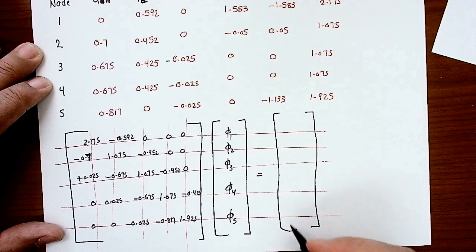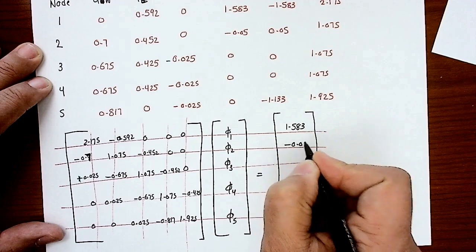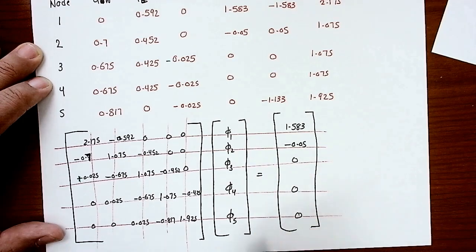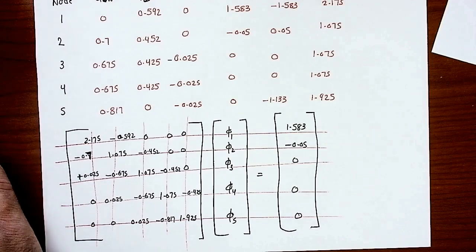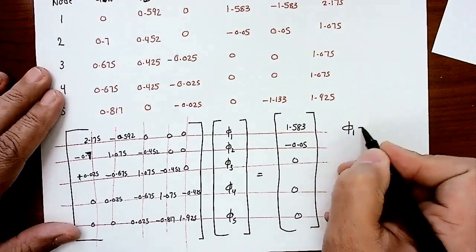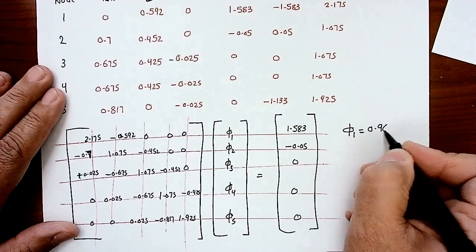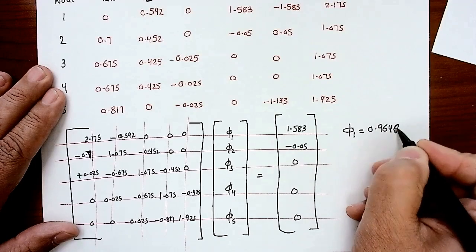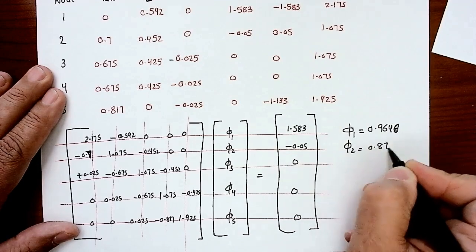And these are the SU values, 1.583, minus 0.05, and zeros. You solve the matrix, you can get the values of the phi. I got the values of phi from this solution: phi 1 is equal to 0.9648. I got phi 2, it's 0.8707.